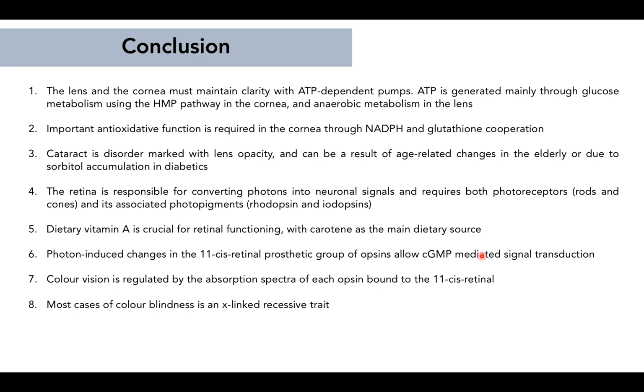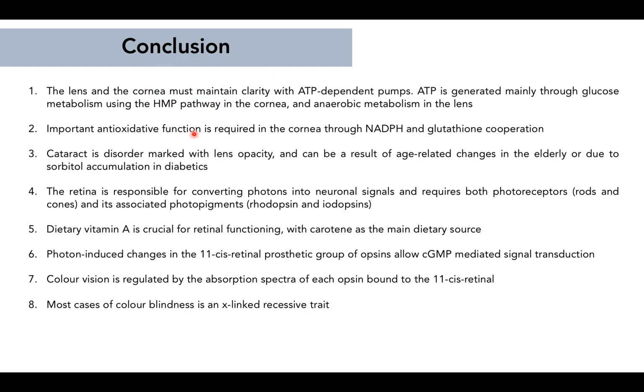There are a couple of take-home messages that you need to understand. Firstly, the lens and the cornea both have the job of maintaining clarity using ATP-dependent pumps, and ATP in these two structures is generated mainly through glucose metabolism. In the cornea, this is mostly through the HMP pathway, while in the lens, this is mostly through anaerobic glycolysis.